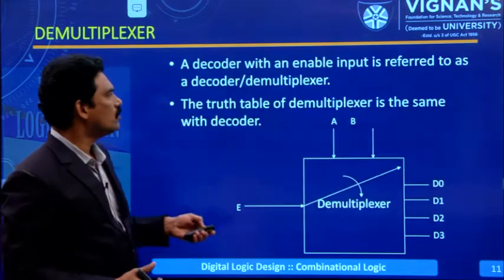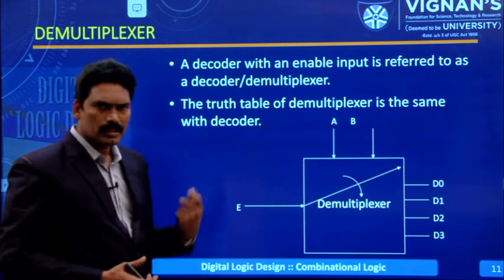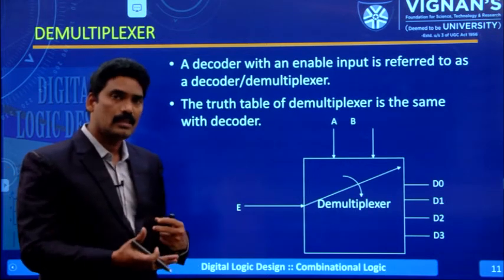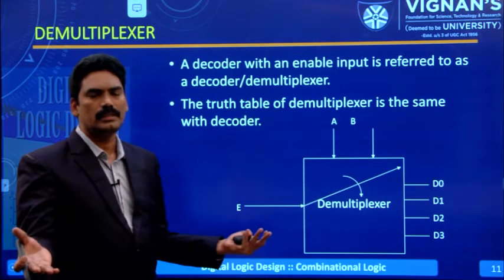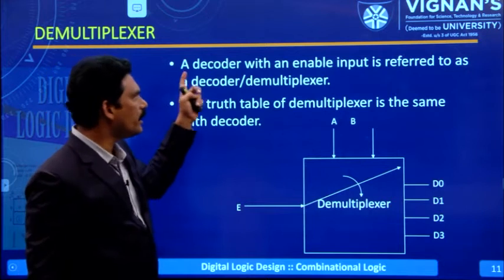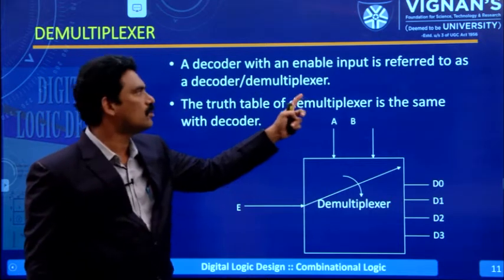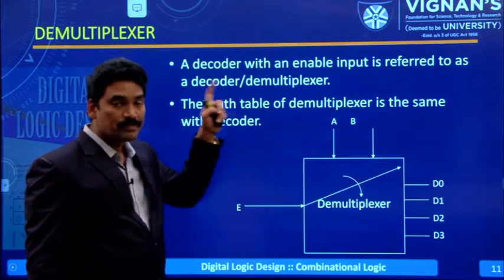Now, we are going to discuss the demultiplexer. A decoder with an enable input will act as a demultiplexer.